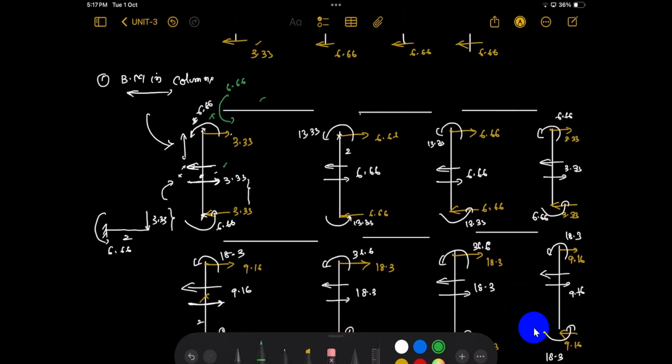This is anti-clockwise, so it must be clockwise 6.66. So what is the moment here? The same moment is here also, clockwise 6.66.